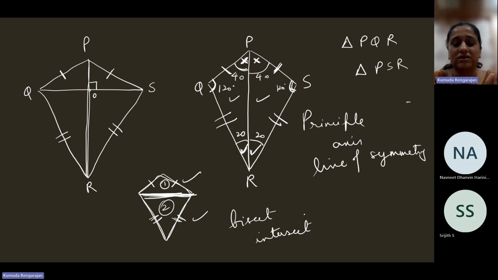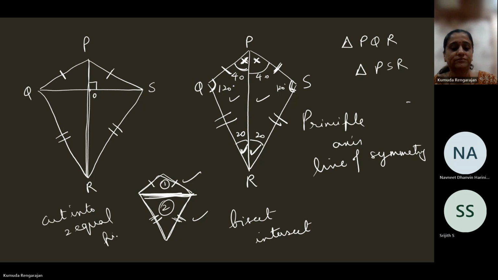Bisecting means cut into two equal pieces. See, like now this is one line segment, this is one line segment. They intersect here. They meet. That's all. Bisect means cut into two equal pieces.